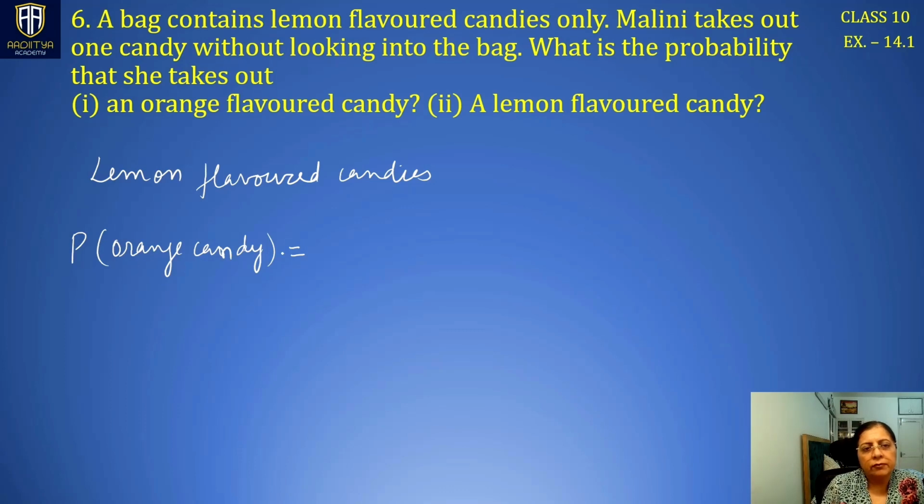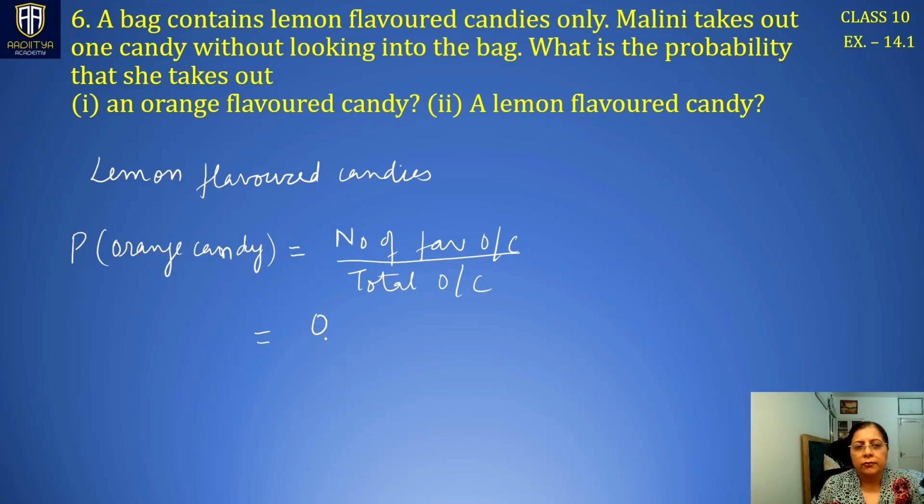Whenever we find the probability of an event, it is the number of favorable outcomes upon total outcomes, right? So the number of favorable outcomes here is 0 because there is not even a single orange flavored candy in the bag.